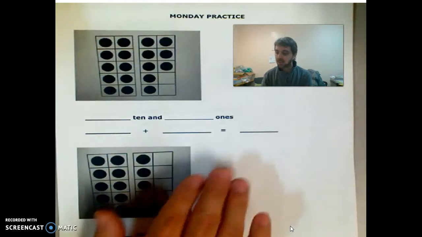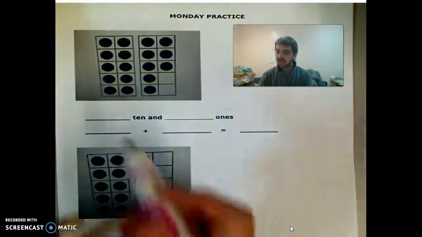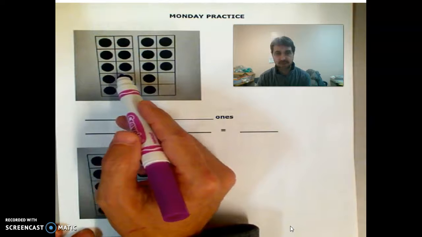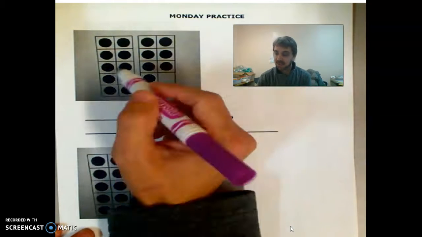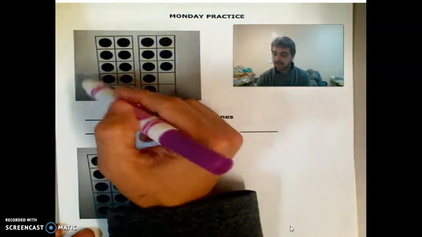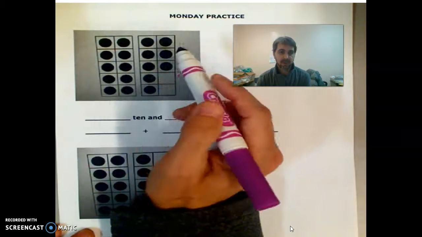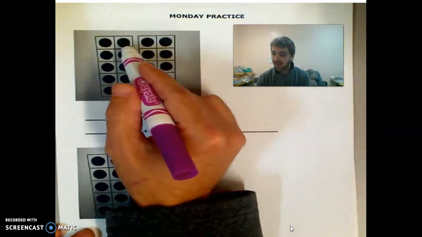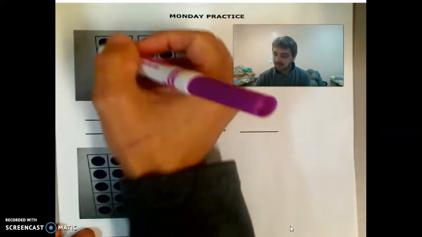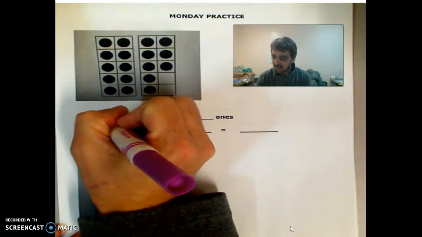Okay, so here we have a picture of some 10 frames. We can see that one of the 10 frames is filled in all the way. So we call that 1 ten.